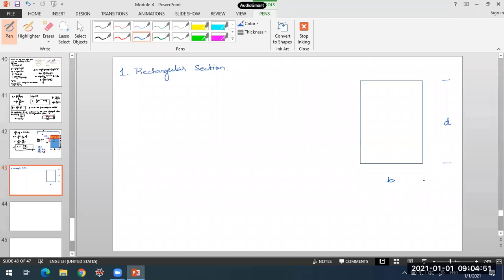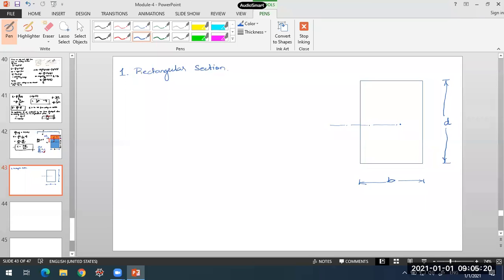Depth is D over here, and the width is B. Now position of neutral axis for this rectangular section will be at the mid depth, that is, it will coincide with our centroidal axis over here.